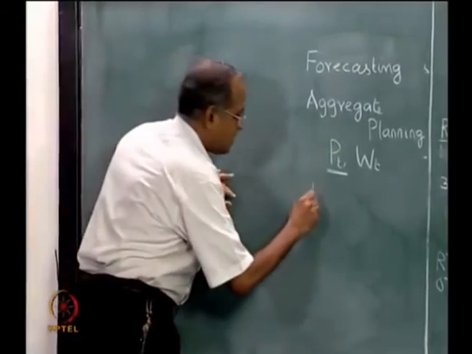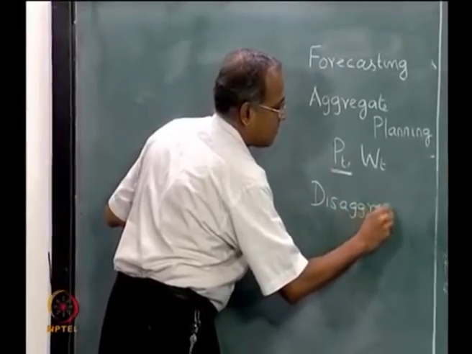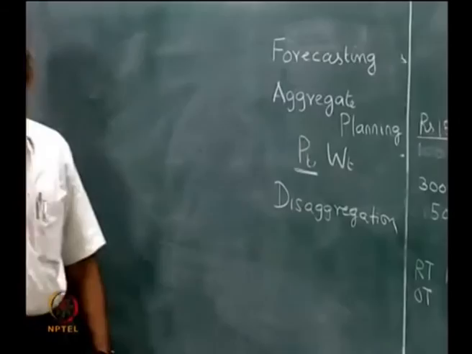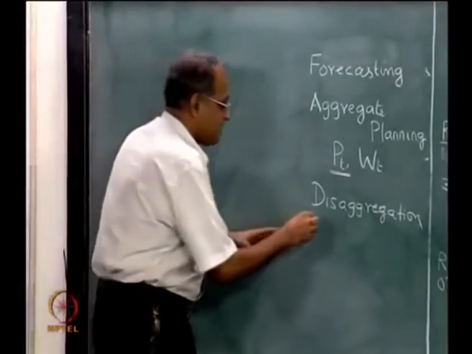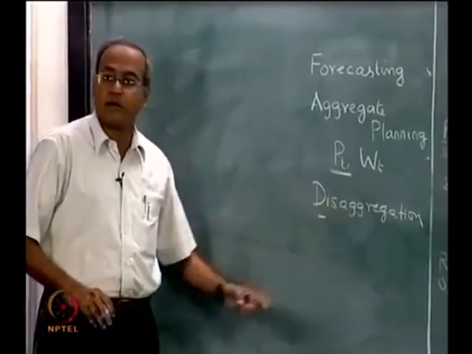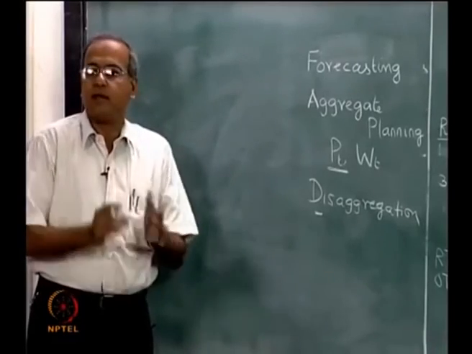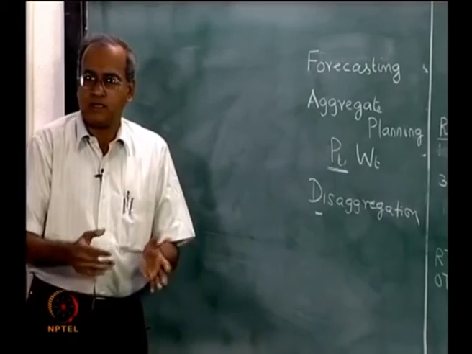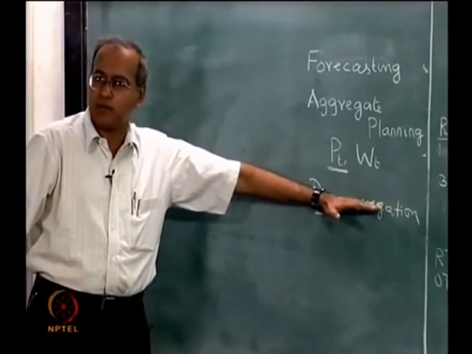Now, that is answered in what is called disaggregation, sometimes called master production scheduling. Now, after we answer this disaggregation, here at this point we are going to say that this product is going to be made in the next 2 periods. So, we also try and find out when these products are going to be made.